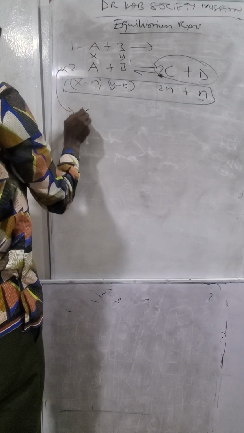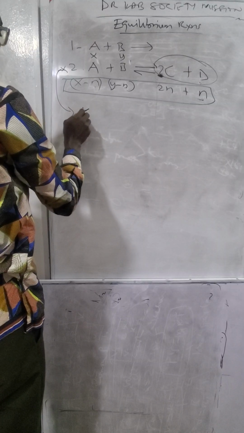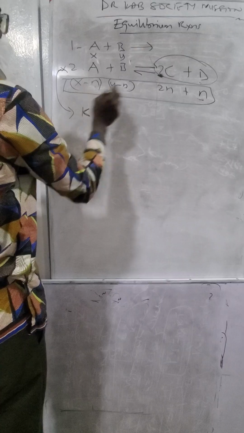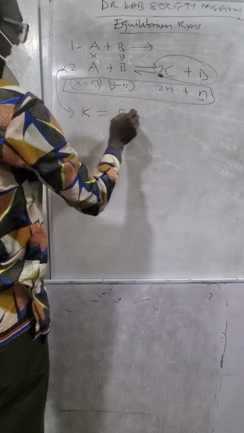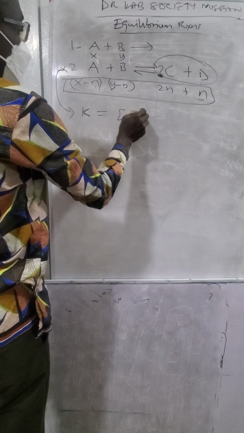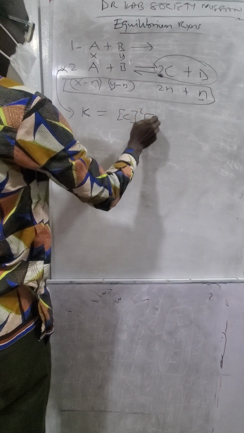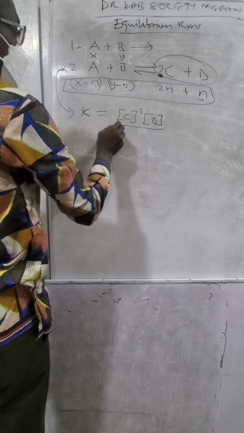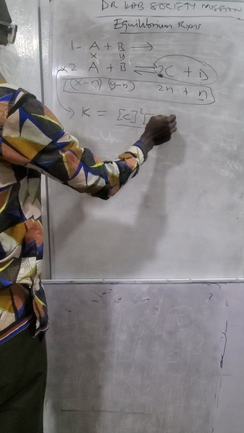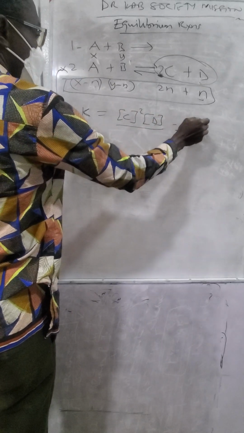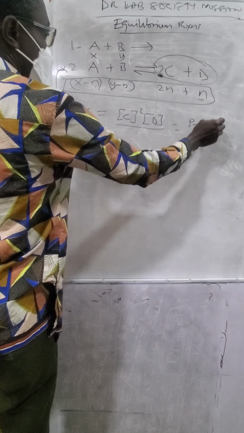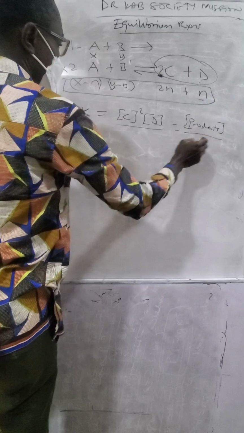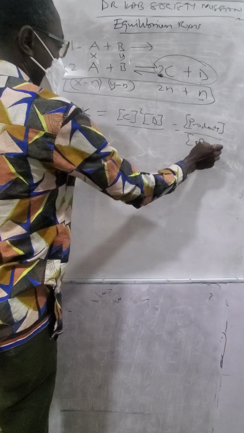Let's say K. This is what I mean. When you express this one, C to the power 2, so this is the product, over reactants.